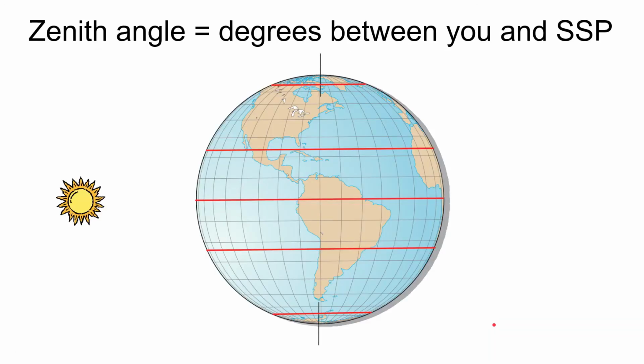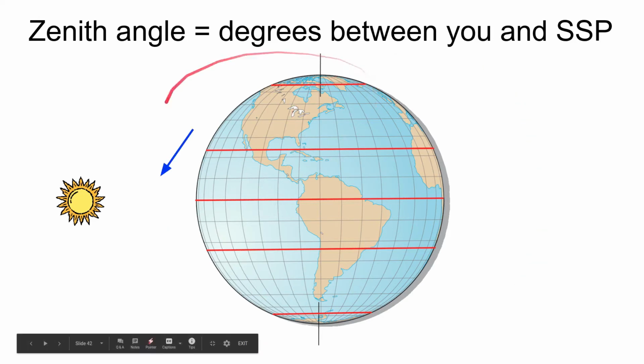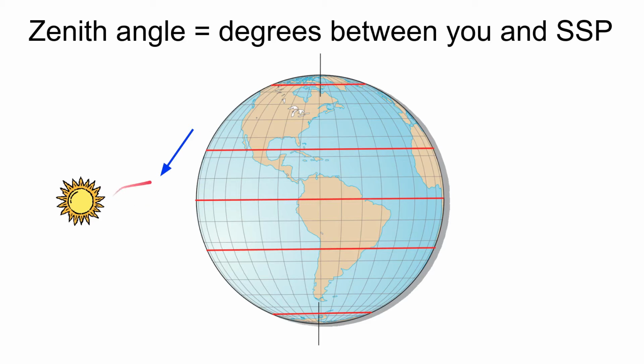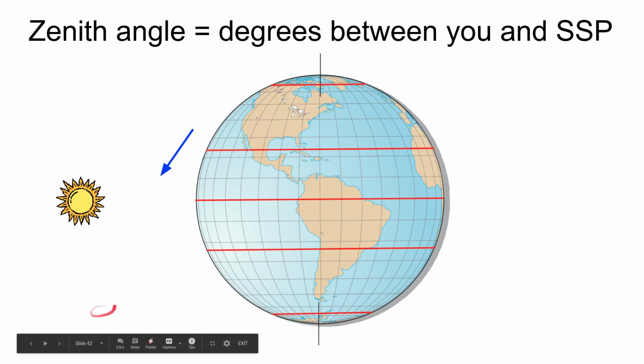And that is, you tell people which horizon the sun is over. For example, if you're north of the equator on this day, you're going to be looking south. The South Pole's down here.